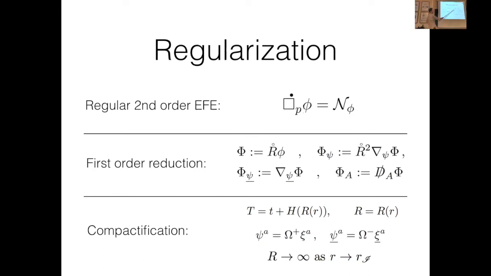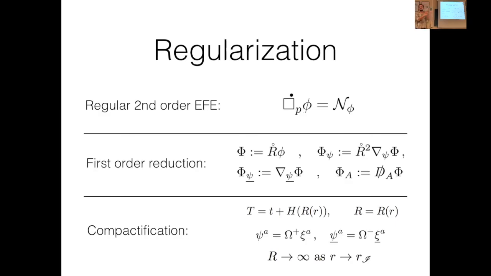It's interesting to write the equations in this way, because here you have all of the principal part and all of the leading order contributions on the left hand side, and all of the stuff that doesn't matter on the right hand side. If you do that, and then you do a first order reduction, which is to treat the various derivatives of the various metric variables as variables in their own right, then you can write a significantly larger set of equations that are first order, right?